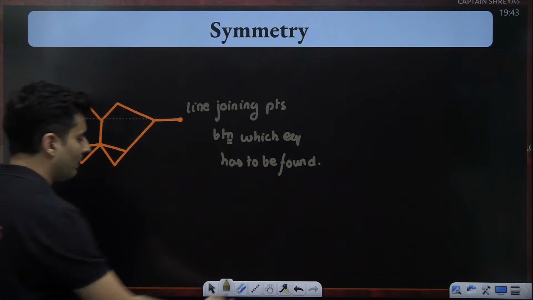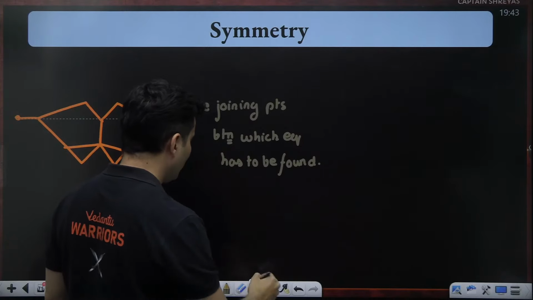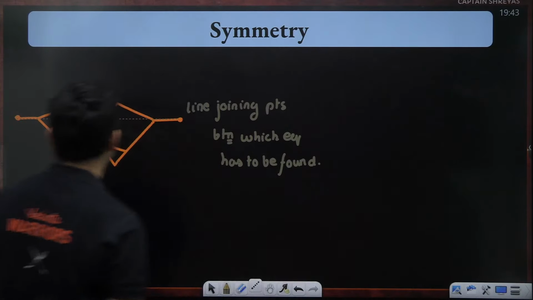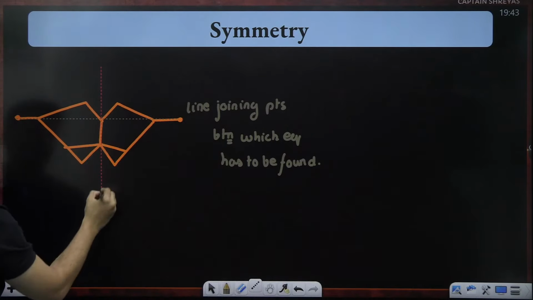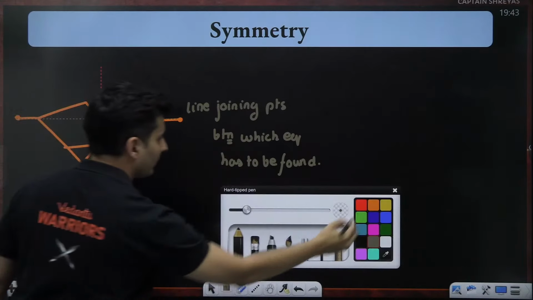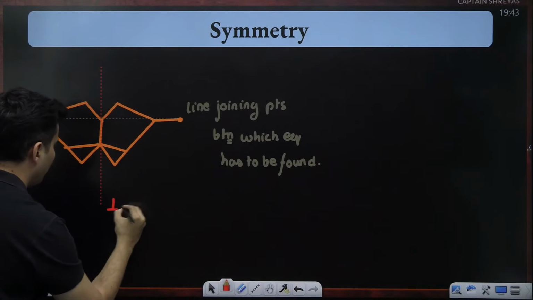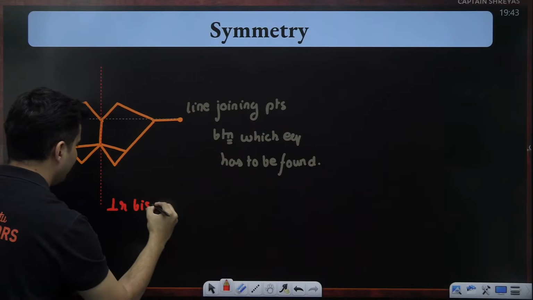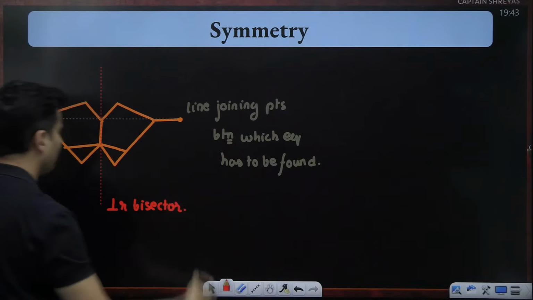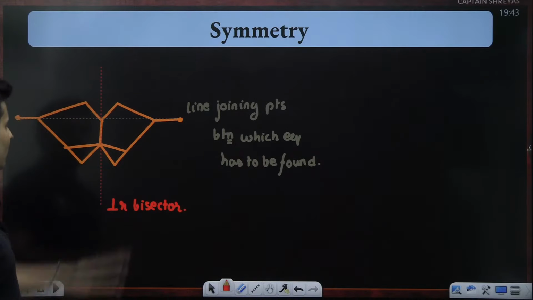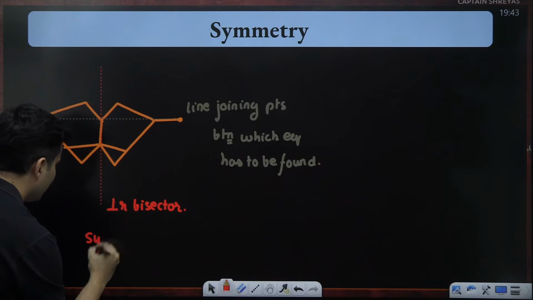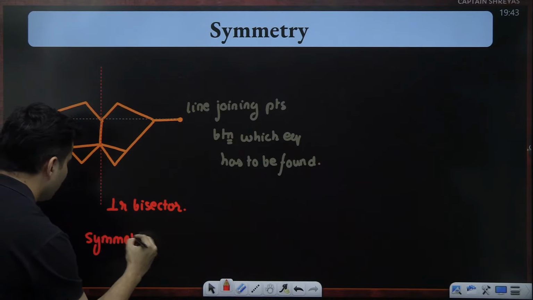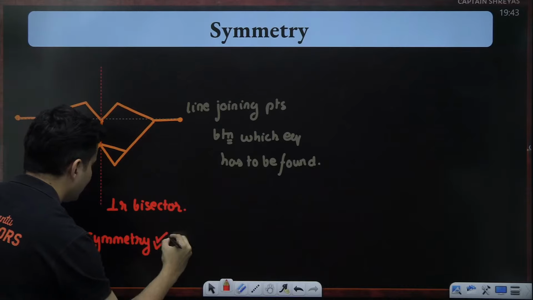Next, drop a perpendicular bisector. This is your perpendicular bisector. And check for symmetry. Whatever is there on the left is there on the right. So yes, symmetry basically exists.